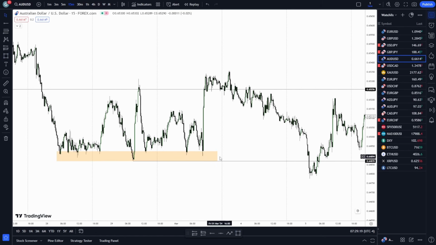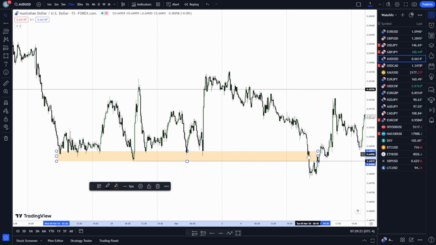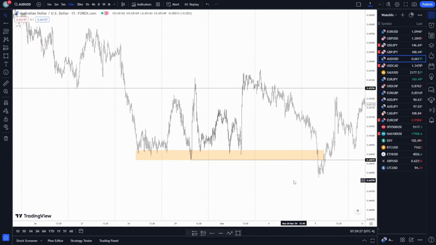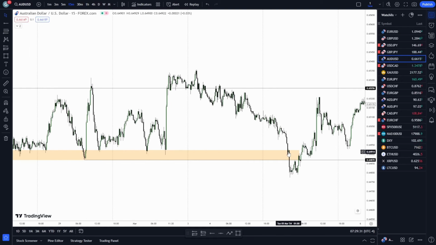Price came one more time down to this demand zone, and now all the retail traders will be looking for buys from here, and their stop loss will be like 15 or 20 pips below this demand zone.